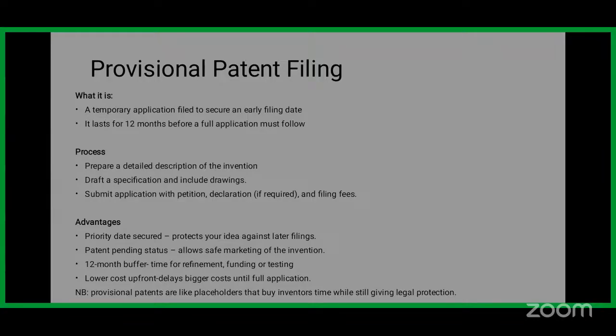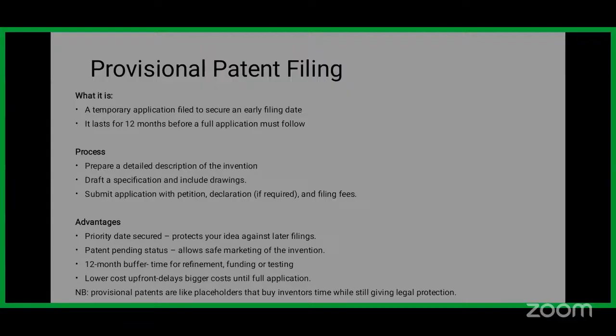If he has not completed the invention, needs to do some modifications, or is not yet ready to file the normal patent application, he may file a provisional patent application to secure a priority date, so that when he files the non-provisional application, he can claim that priority date.